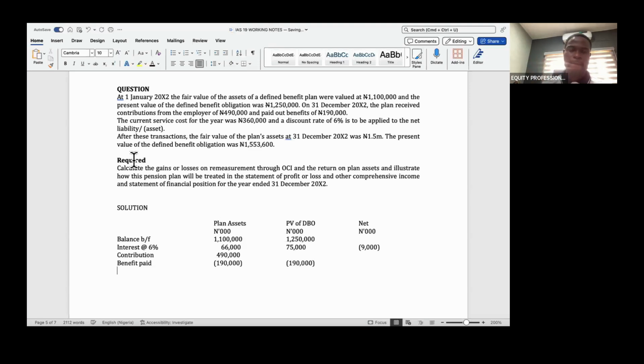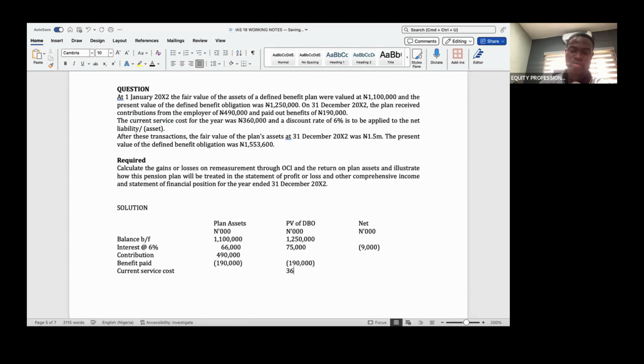Then the next one is the current service cost. The current service cost is the obligation we have for the employee for working for us this year. It's like the annual pension expense, as far as we are concerned, and it is what actually makes up the obligation.